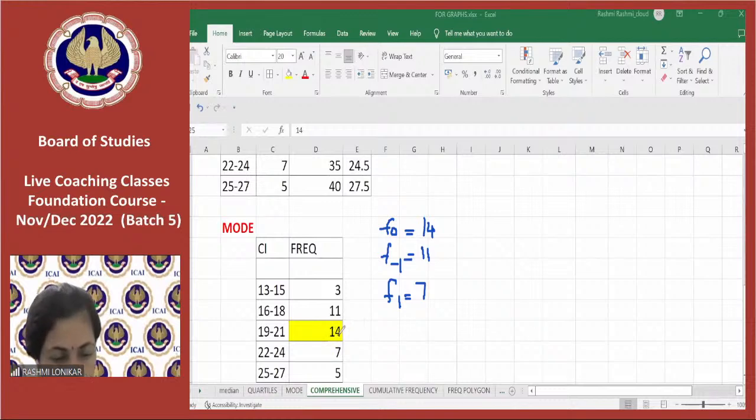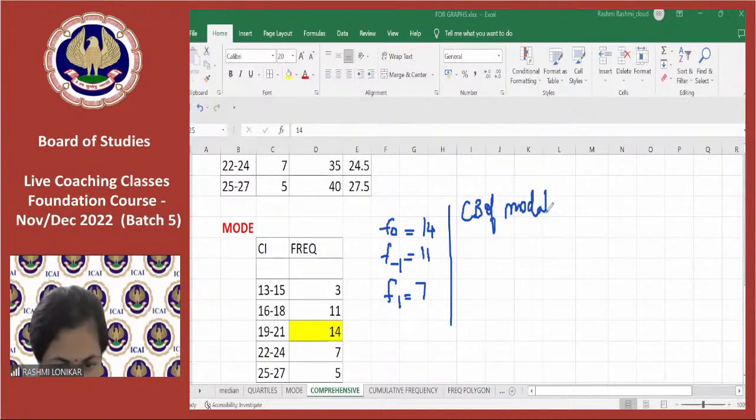Now I have to find the class boundary of the modal class. What is the modal class? 19 to 21. So this is my modal class.